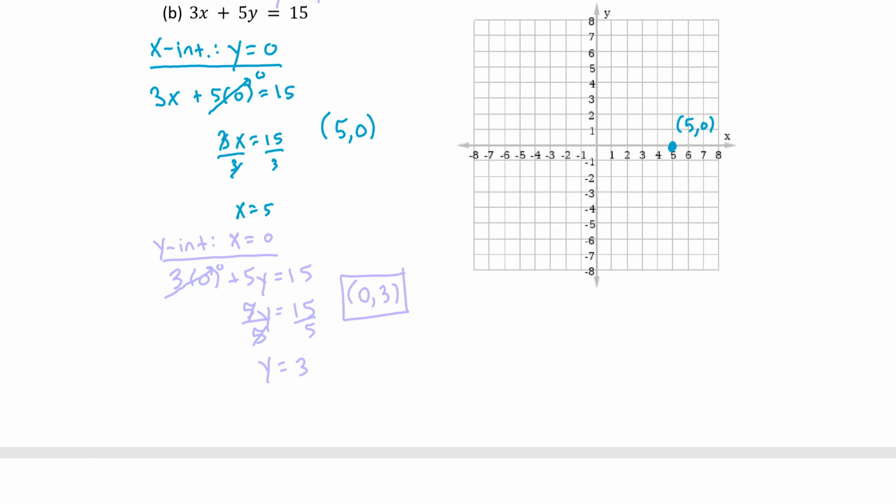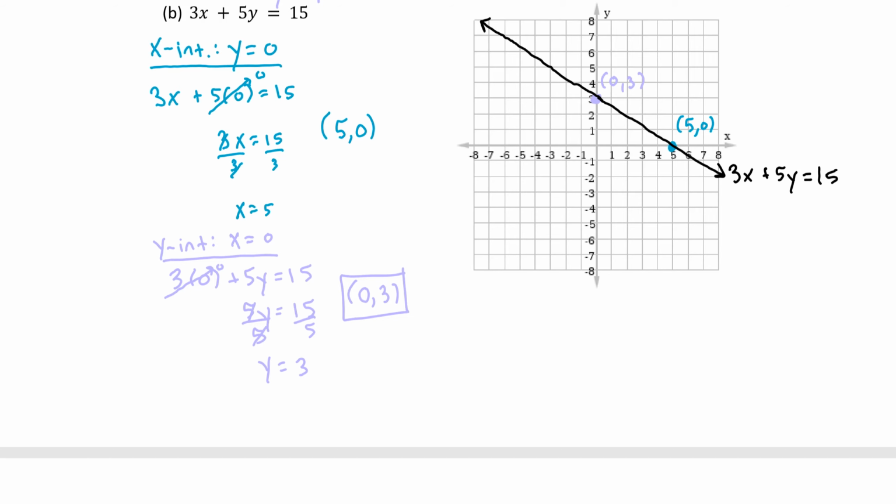So we can plot that on the y-axis, 0, 3, and make our label. And then once we have those 2 points, that is sufficient to determine the line. So I'm going to very carefully connect my dots using a straight line. And then we can label it with the equation 3x plus 5y equals 15.